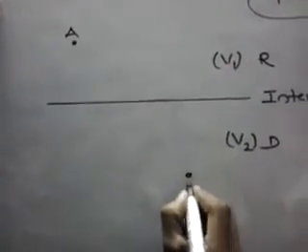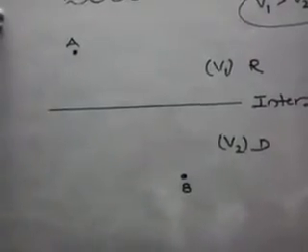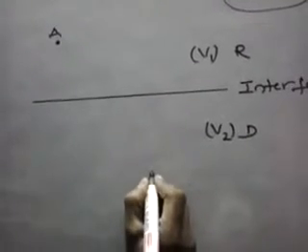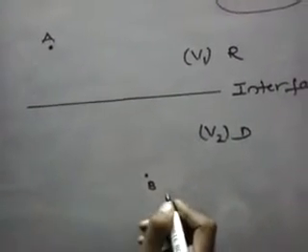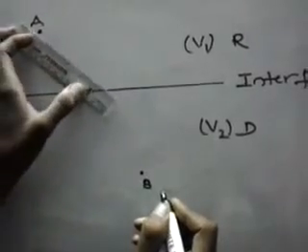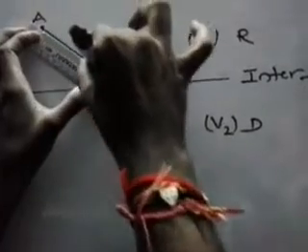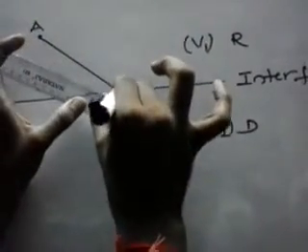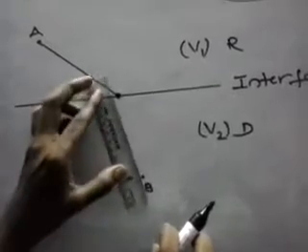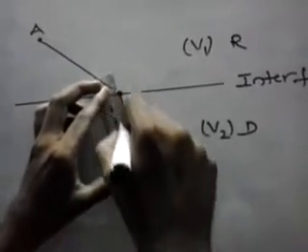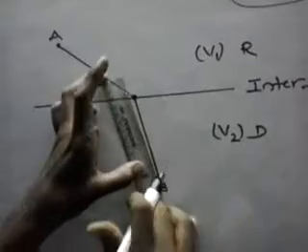Now here we are going to have two points. One is point A, which is in the rarer medium, and another point is B, which is in the denser medium. This is the path of the light in the rarer medium. This is the point of interface. This is the path of the light in the denser medium.